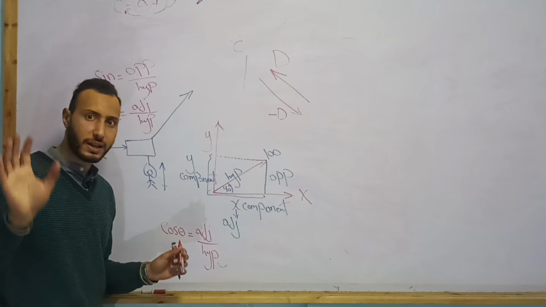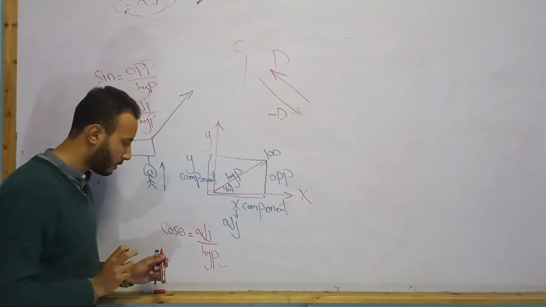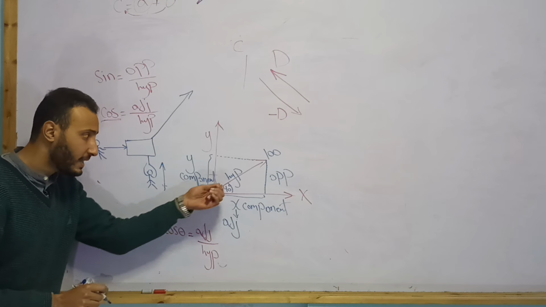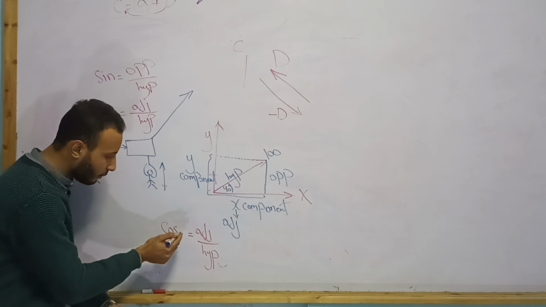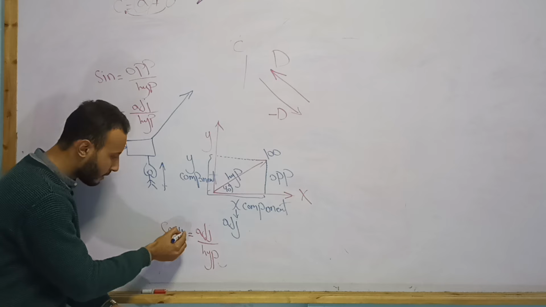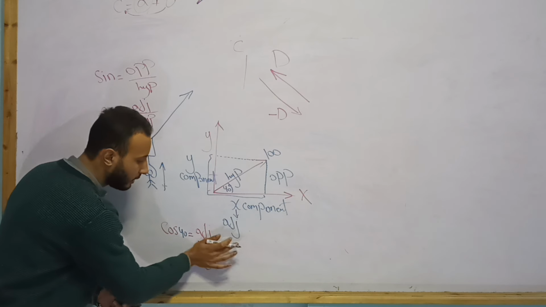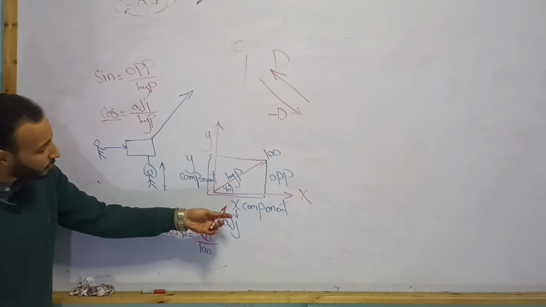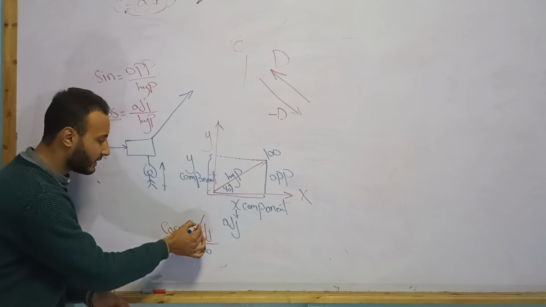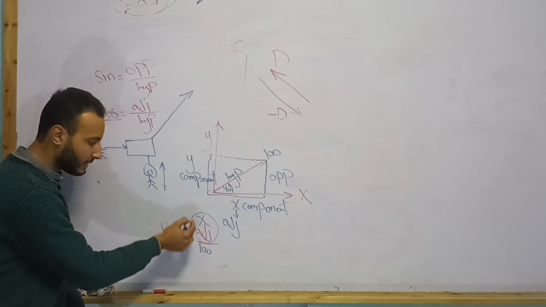Don't forget the aim: we just like to get the x, this part. The theta is equal to 40, so we can erase the theta and write 40. And the hypotenuse is equal to 100, so we can erase the hypotenuse and write 100. How can we get the x?